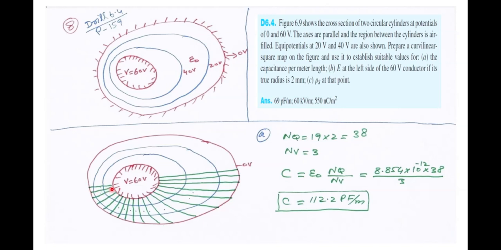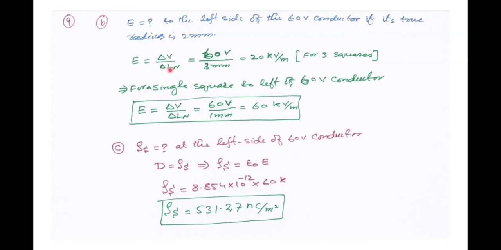So if I consider three unit cells, each of length 1 millimeter in the normal direction, then delta L is 3 millimeter, and the delta V per 3 unit cells becomes 60 volt. So for 3 squares we obtained 20 kilovolt per meter.